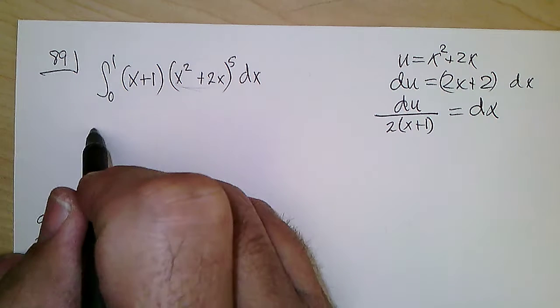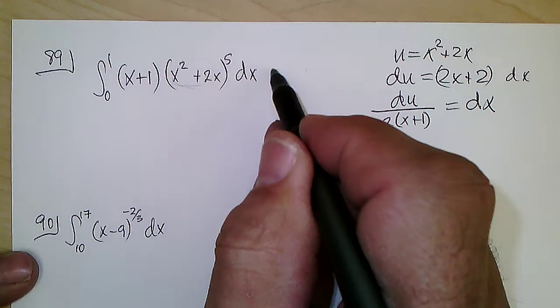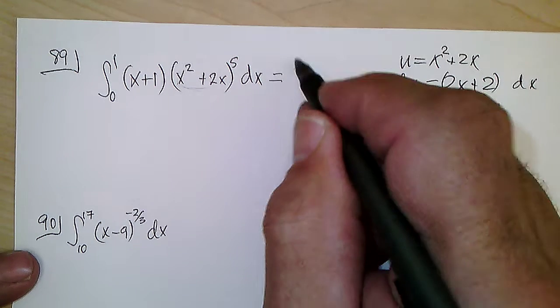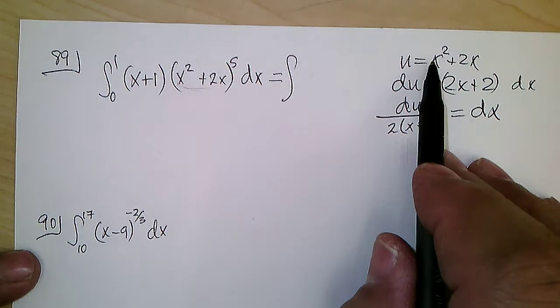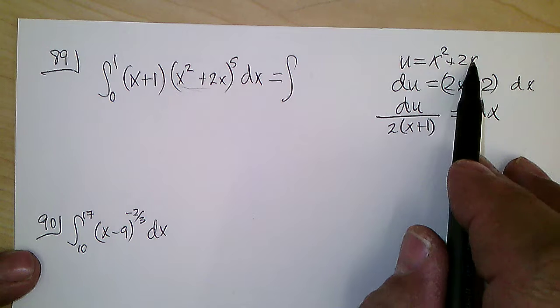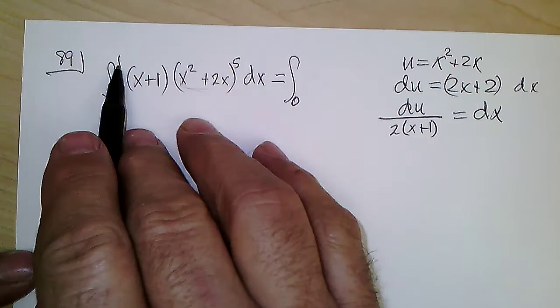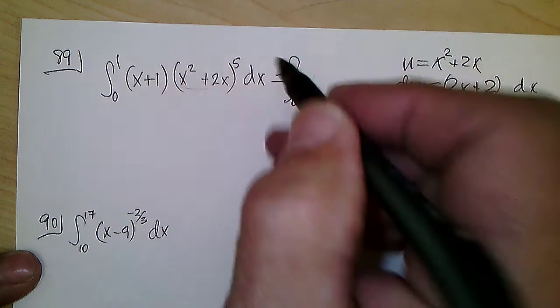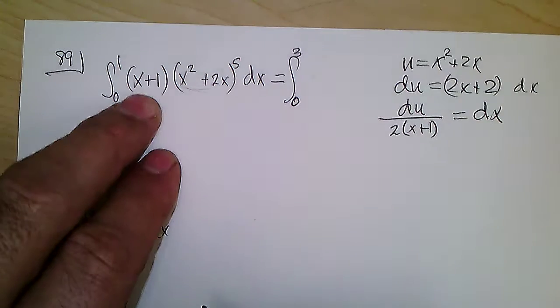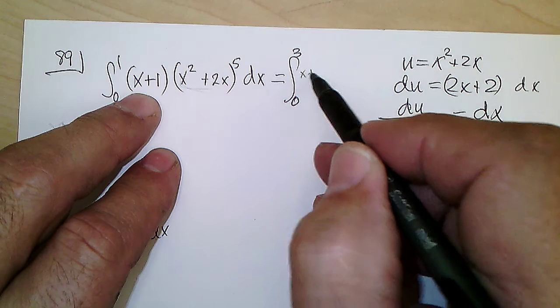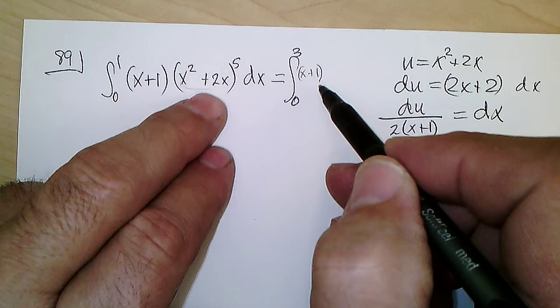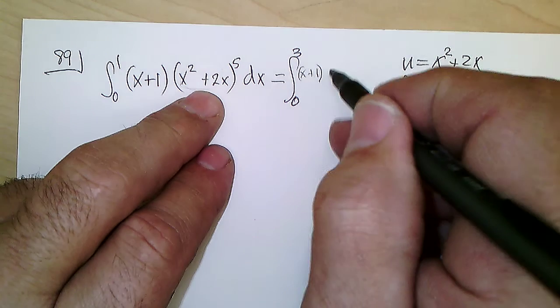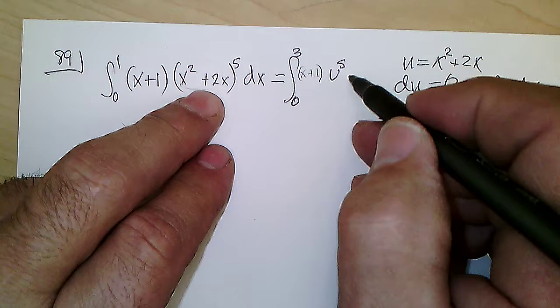And so this becomes the integral. Change my limits. 0 squared plus 2 times 0 is 0. 1 squared is 1 plus 2 times 1 is 2. So that goes to 3 of, I have the x plus 1. I have this, which is u to the 5th.